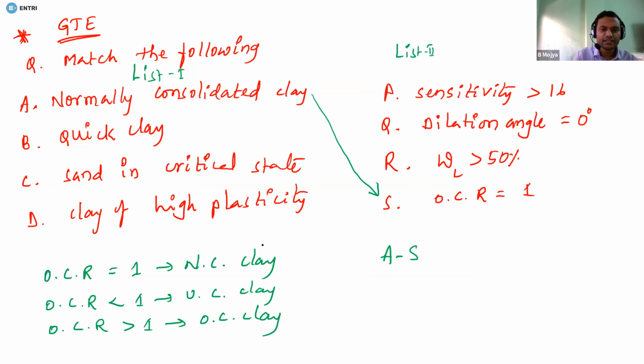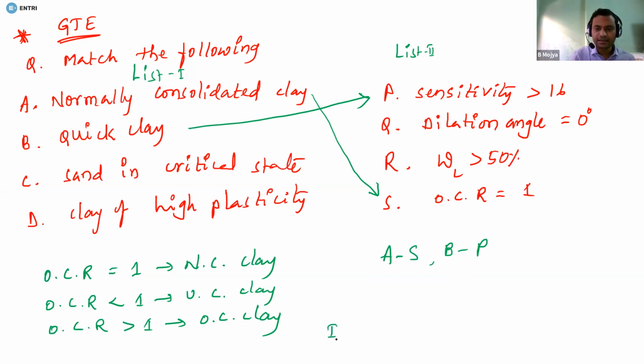Quick clay will have a sensitivity value greater than 16, so B is matching with P. You also know that a fat clay has a liquid limit greater than 50%, and high plasticity.